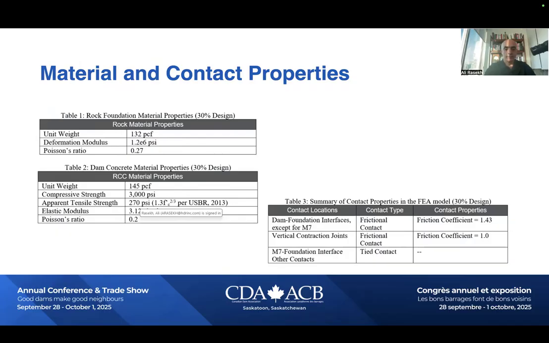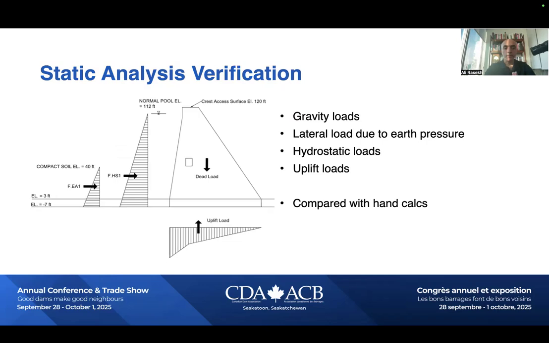I have shown the typical material properties, emphasizing 30% design, as this property assessment will improve for the next phase. Typical static analysis, including weight, hydrostatic and uplift load, could easily be verified by comparison to hand calculations.